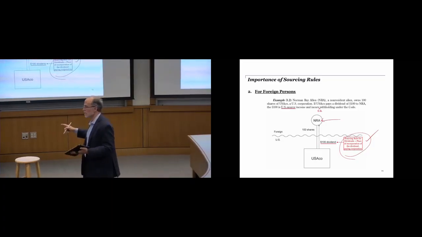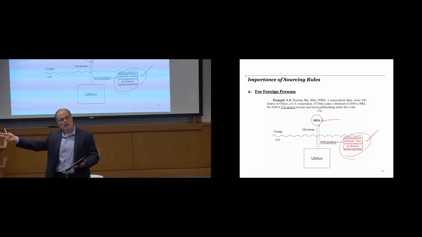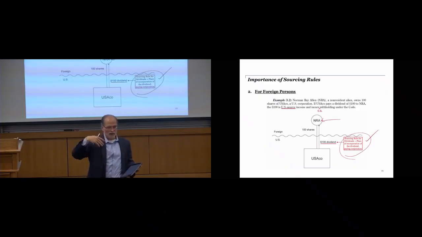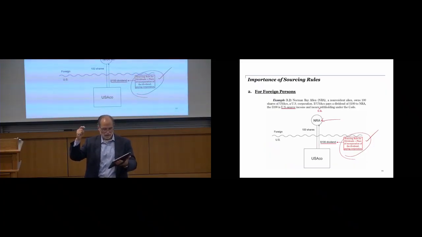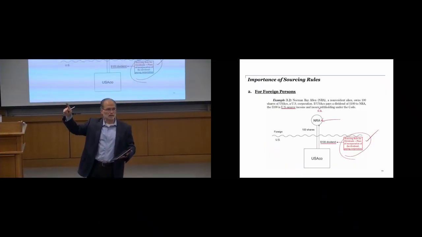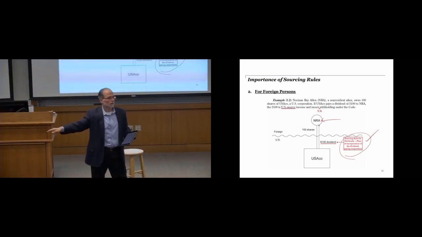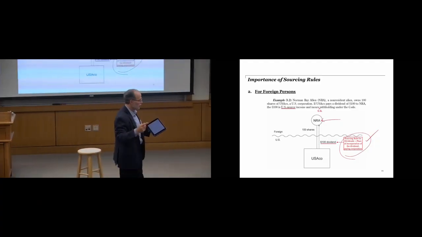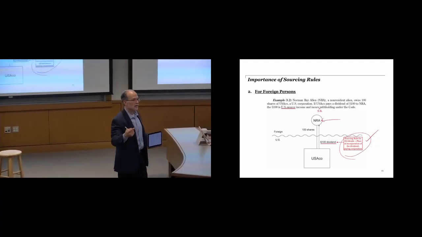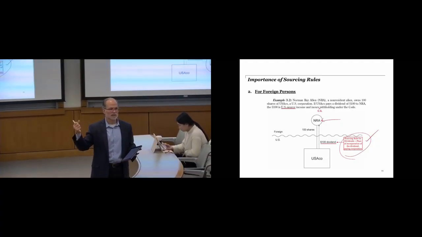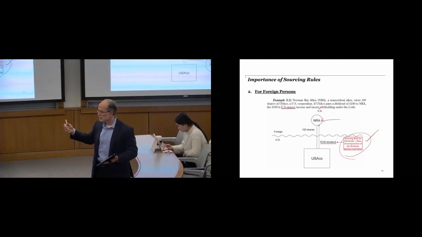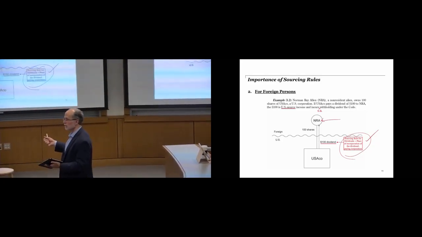Is it Brazil? If it's Brazil, remember I said we don't have a tax treaty with Brazil, then NRA would get $70, $30 would be paid by USACO to the U.S. government. If NRA was tax resident in the UK, I'm pretty sure the dividend withholding tax rate is 0 from the U.S. to the UK under the tax treaty, then they would get the full $100 dividend.